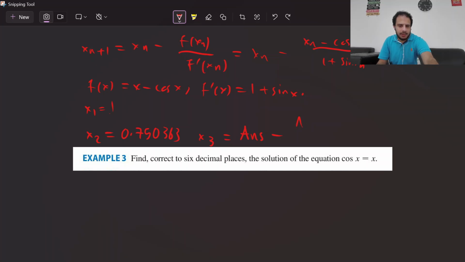Me, I will use Control C and Control V. See here, we want it correct to 6 decimal places, so you need to find more values until you have 6 digits correct.